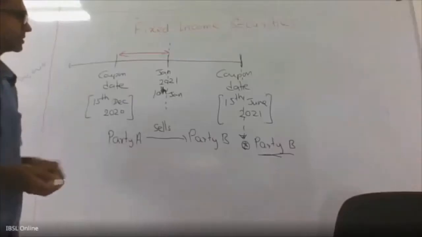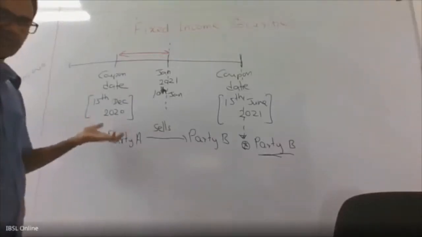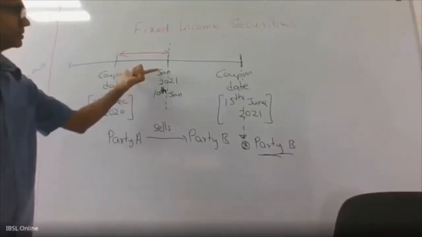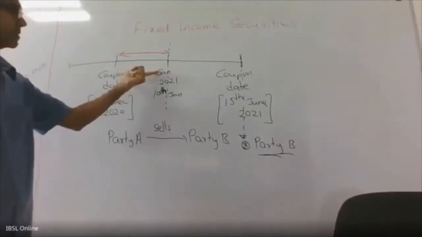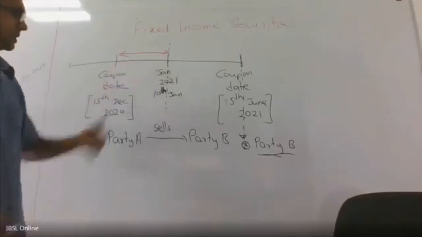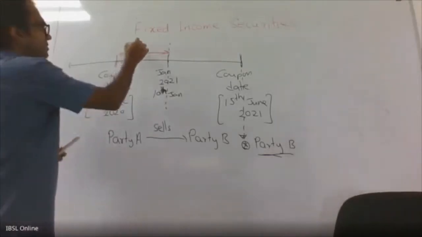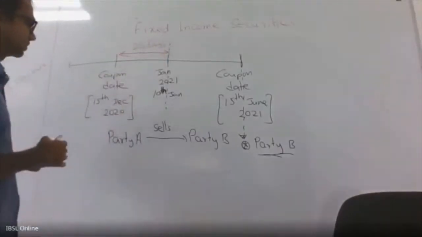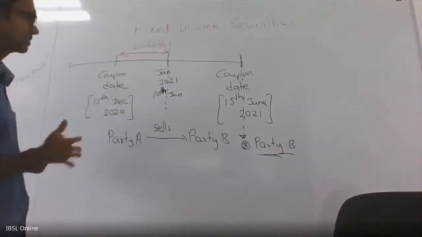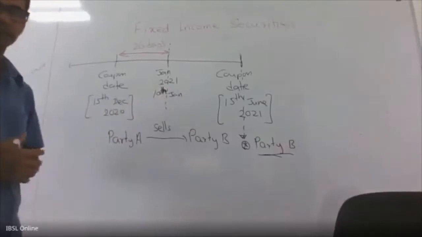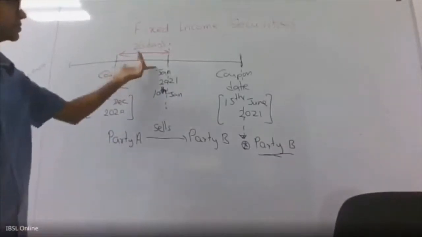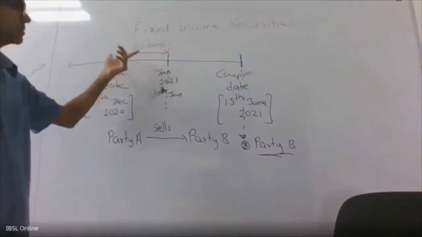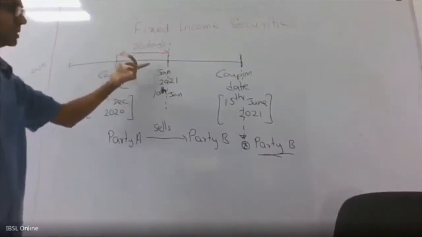So he should get some interest income for holding that security during these 26 days. Correct. It is 15th December to 31st December, 16 days, plus 10 days, 26 days. So he should get some interest for this period.